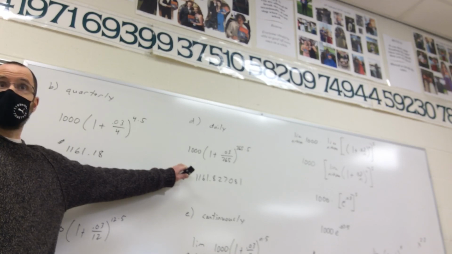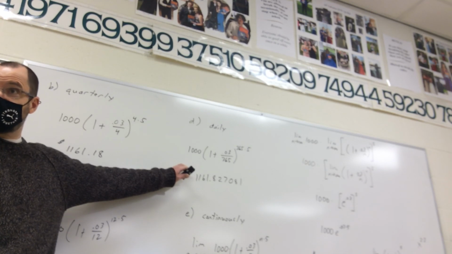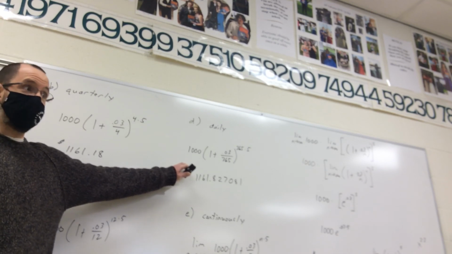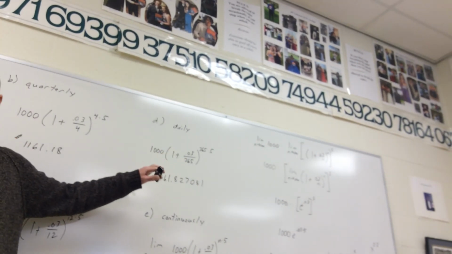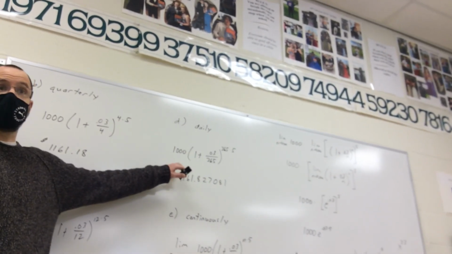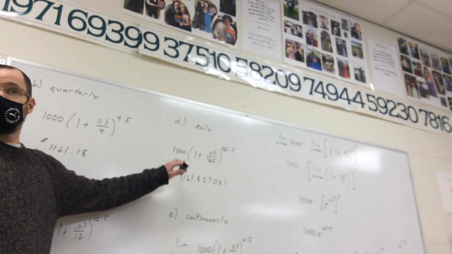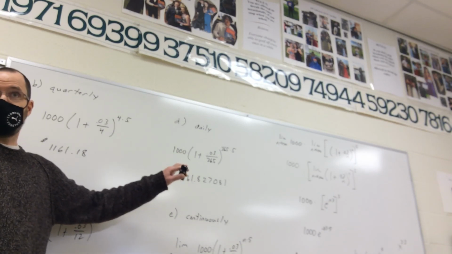Are there 365 days in every year? No, some years have 366 days, right? Some years are leap years. And in a 5-year period, there would have been at least one leap year. If year 1 was a leap year, then there would have been 2 leap years in this 5-year period. So I decided to ignore that to make things simpler.